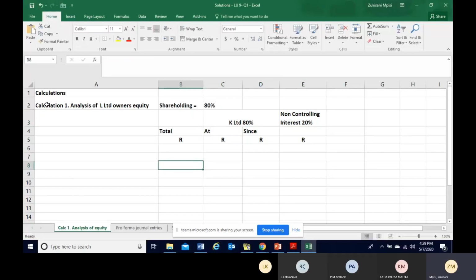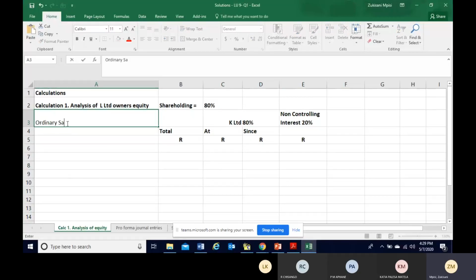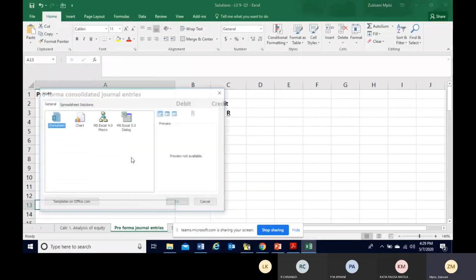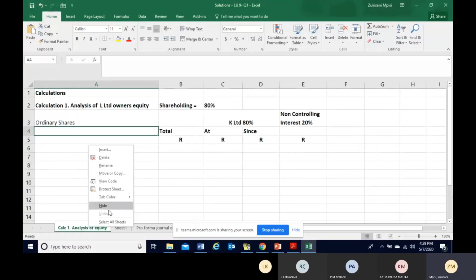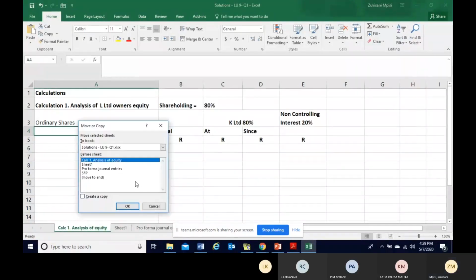We are going to do analysis of equity, which is going to be in terms of ordinary shares. So we're going to have another worksheet.